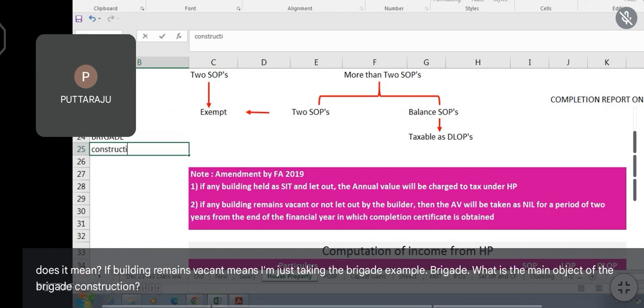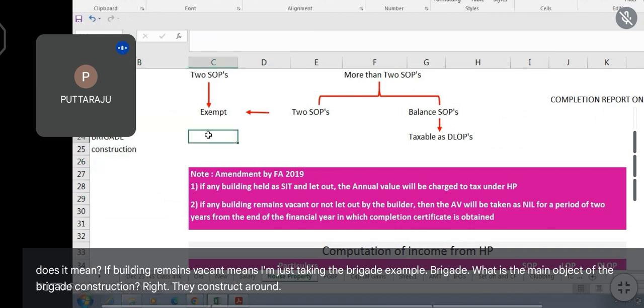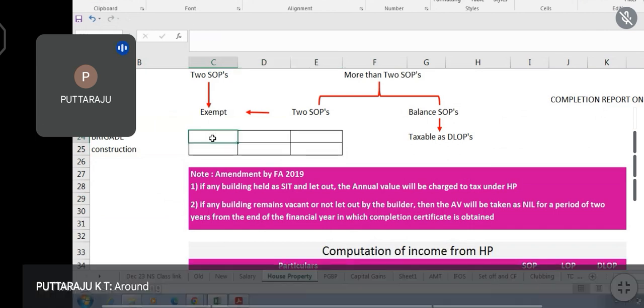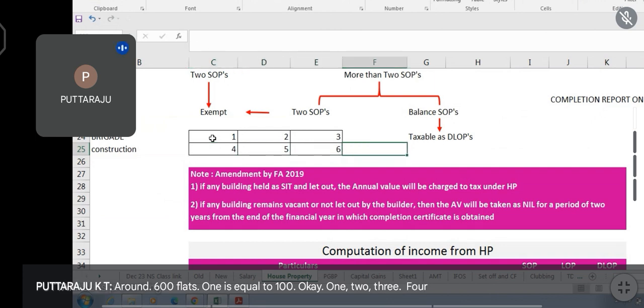Construction. Right? They construct around 600 flats.